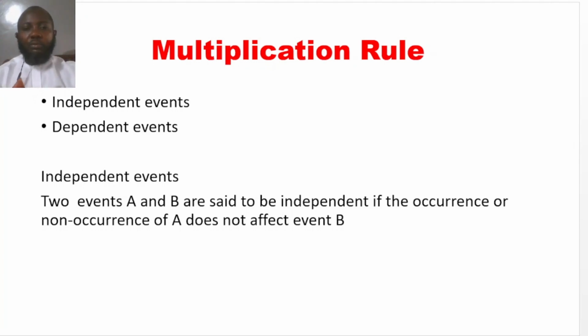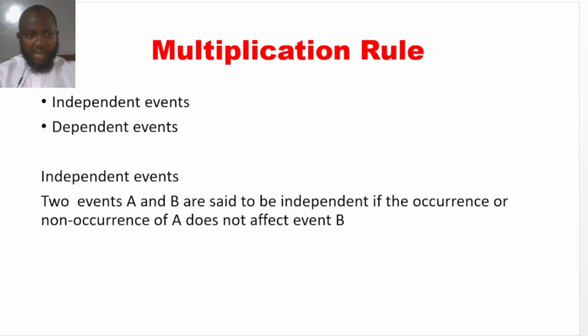For example, if doing an action will affect the occurrence of another action, such events are not independent, they are dependent, because the occurrence of one will affect the occurrence of the other. But in this case, the occurrence of one will not affect the occurrence of the other. I hope that is clear. So that is what is referred to as independent events.